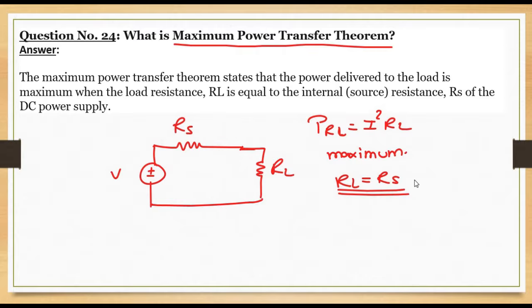When these resistances are equal, then the current will be maximum across the circuit and the power across the load resistance will also be the maximum. Therefore, the maximum power transfer theorem states that the power delivered to the load is maximum when the load resistance is equal to the source resistance. And remember, during this transferring of power, the efficiency of the circuit is only 50%.